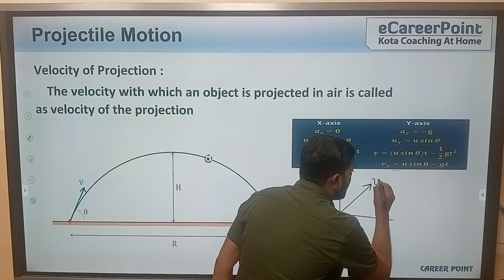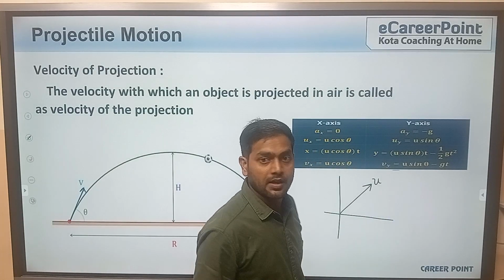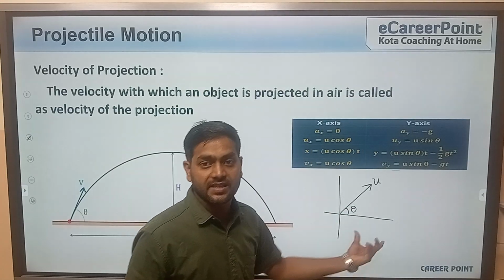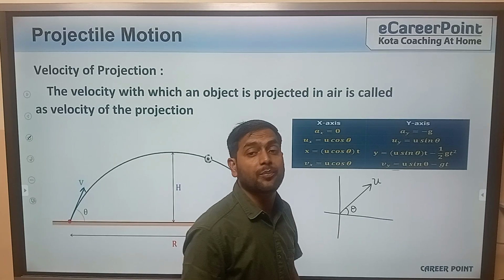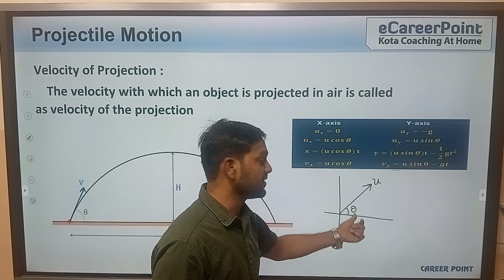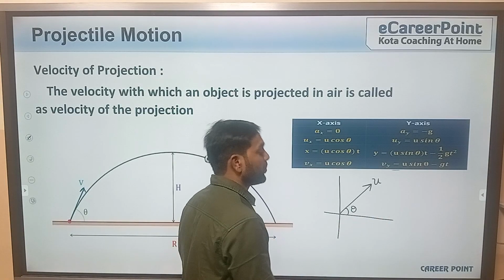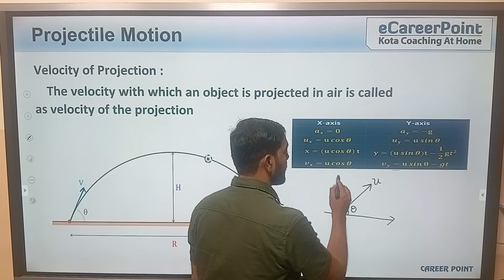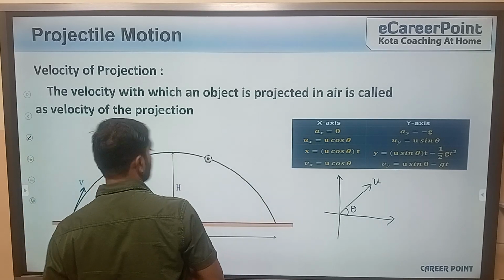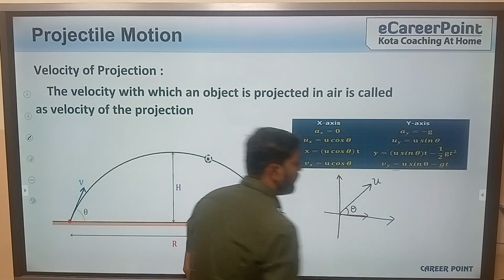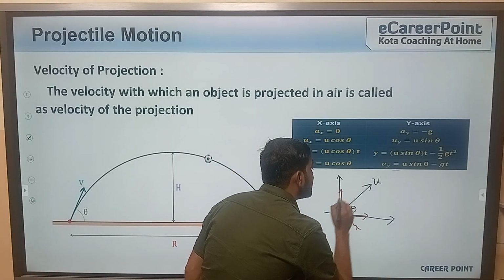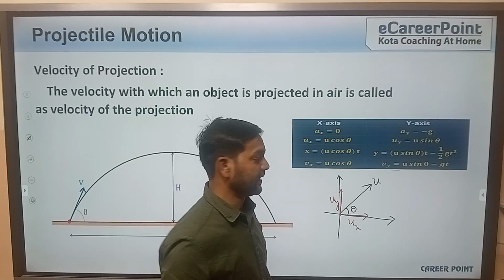Let us write my initial velocity as u, making a certain angle theta. This theta indicates the angle of projection, from which angle we are projecting, so we are going to call it angle of projection. So this is our velocity along the x-axis, that is ux, and this is velocity along the y-axis, that is uy.